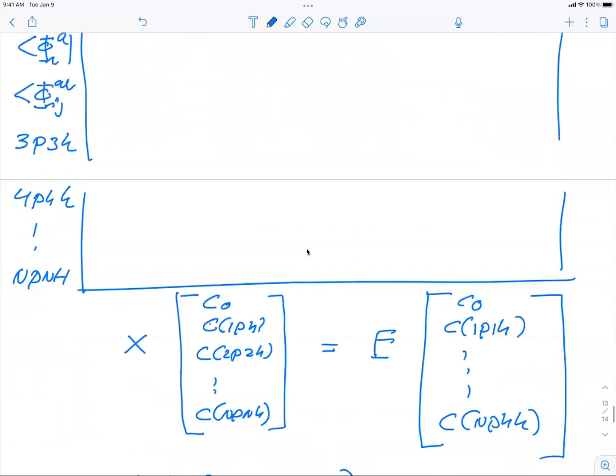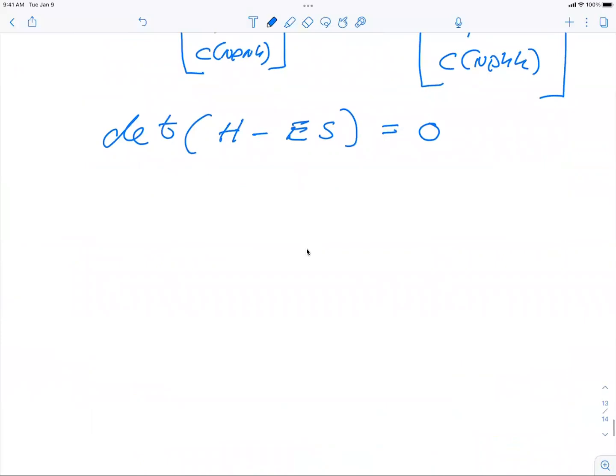So let's now just look at the structure of this specific matrix organized in terms of one particle, one hole, two particle, two hole, etc. excitations. If you look at this matrix, I'm trying to use these bold-faced symbols to indicate that this is not the operator anymore, but the matrix.